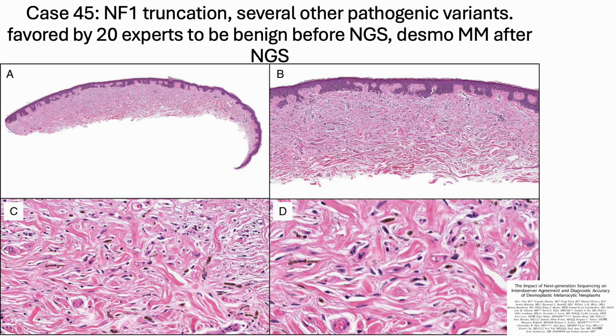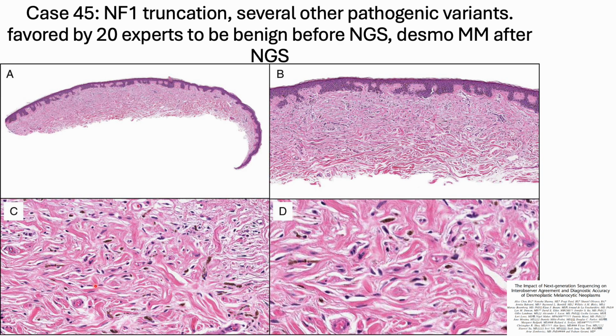So this is an example of another case from that study showing how the data might be applied. This is a tumour with an NF1 truncating mutation, but several other pathogenic variants, favoured by the 20 experts to be benign before NGS and desmoplastic melanoma after NGS. So this is an extraordinarily bland tumour histologically.